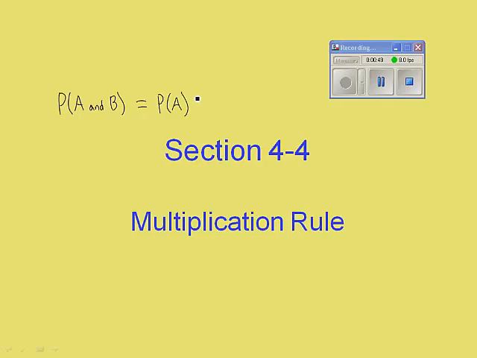Times, yes? That's why it's called the multiplication rule. Times what? The probability of, well, you won't get this. What do you want it to say, but it doesn't quite say? You wish it said the probability of B. Wouldn't that be a nice rule?